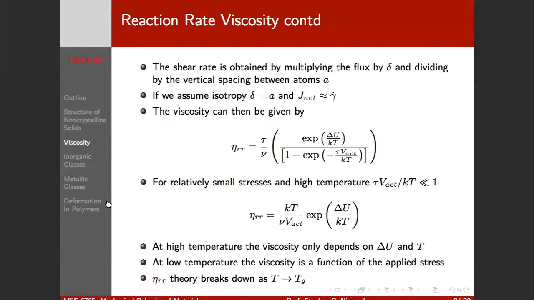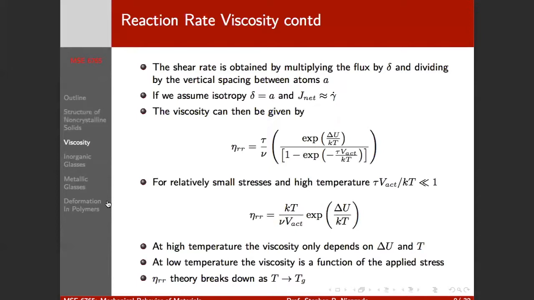But if we decrease our temperature, viscosity is a strong function of our stress, right? And it's a very nonlinear function of our stress. This all, of course, breaks down as T approaches our glass transition temperature, right?